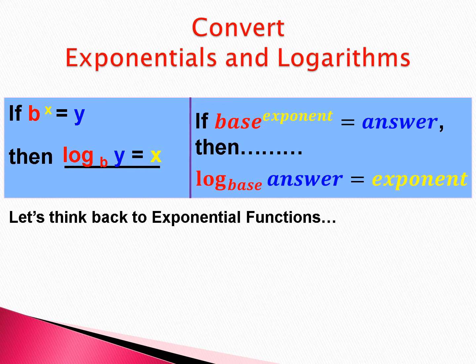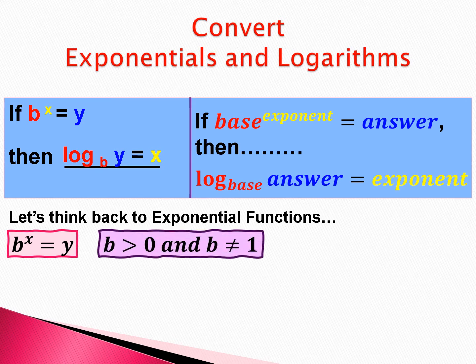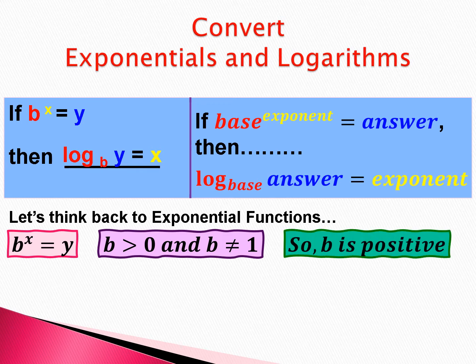So let's think back to exponentials. That's the first two lessons of this unit. If we have b to the x power equals y, then we know a couple of things about this. First of all, we know that b has to be greater than 0 and it can't be 1. So b is always going to be positive. That base is always got to be positive.